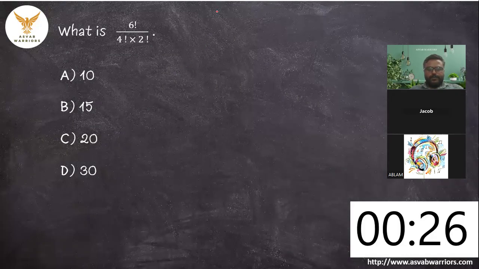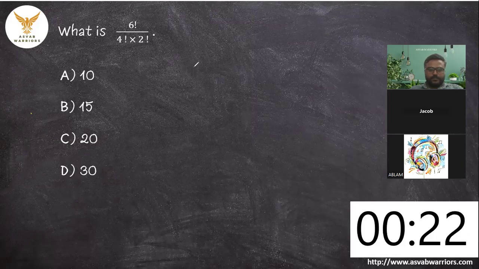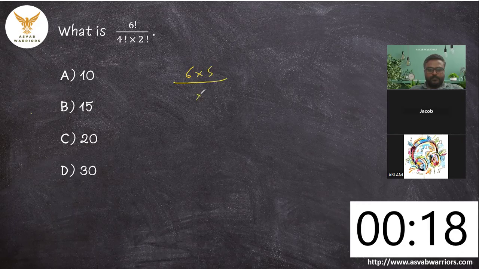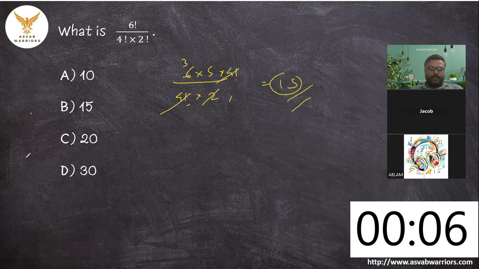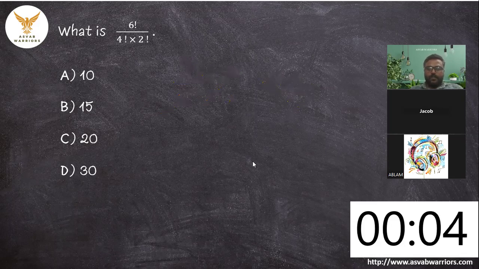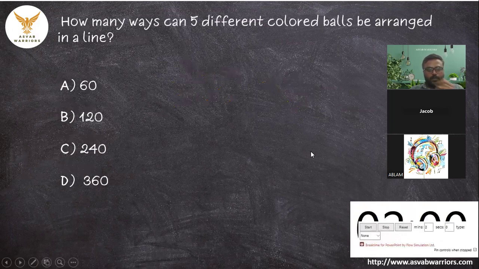So what was your answer? Factorial 4 times 2. 4 will cancel. 1s are 3s, 3 5. So 15 is the answer. Yep. Let's move on to the next question.